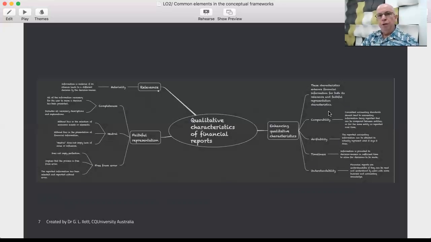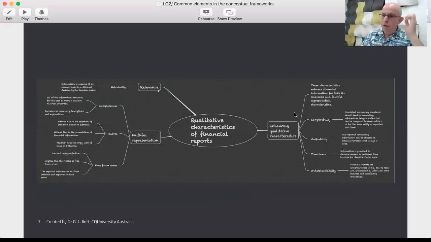Now, an important central element of the conceptual framework involves the qualitative characteristics of financial reports. So qualitative meaning not quantitative. This is where we look at what sort of characteristics and qualities we want our financial reports to exhibit.